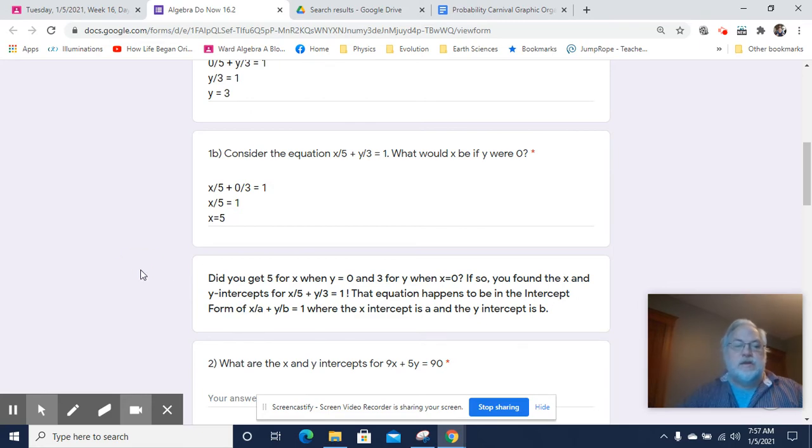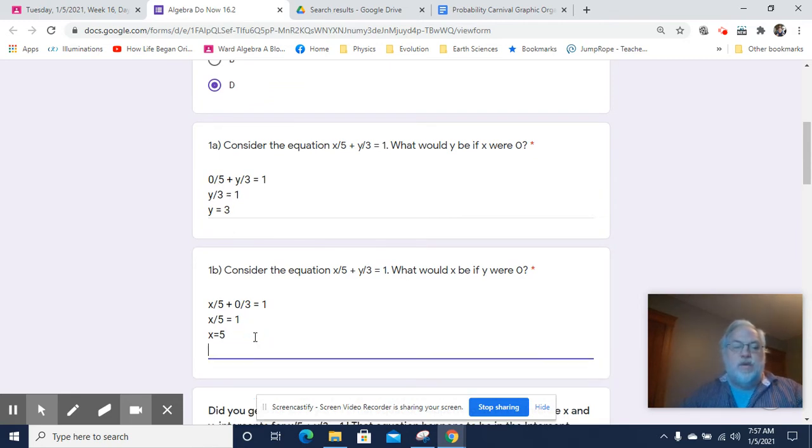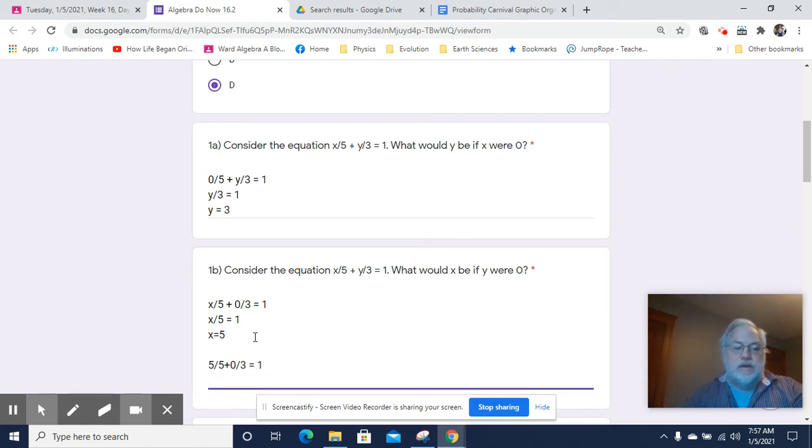You might notice that this is a linear equation called the intercept form. When the line is at the x-intercept, we would have 5 over 5 plus 0 over 3, because y would be 0, and that would equal 1 every time.